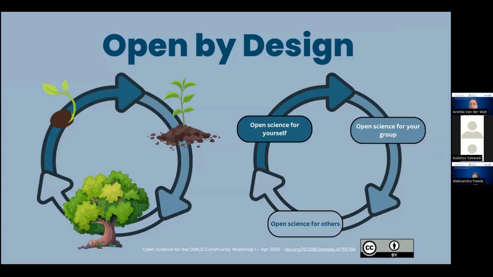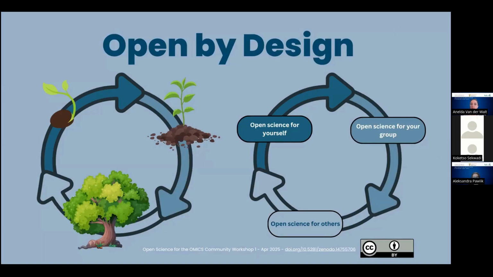So we have a few mantras, and open by design is one of the mantras that we try and live by. So when we start with a project, we always think about how can we make this project as open as possible from the design stage already. Where are we going to go with our data? What are we going to do with our code? How will we publish?